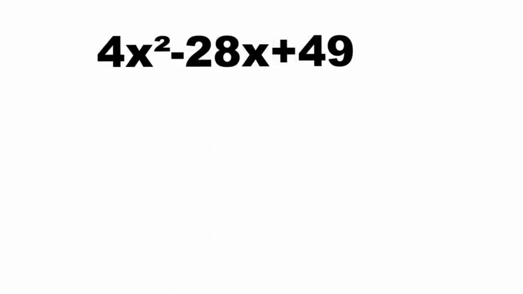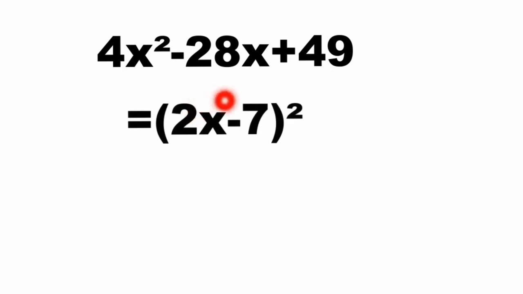The example is 4x squared minus 28x plus 49. So we have here 4, and the square root of 4x squared is 2x, and the square root of 49 is 7. This is the combination of 2x and 7.